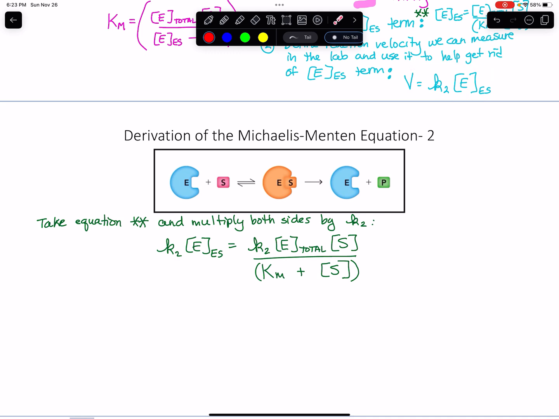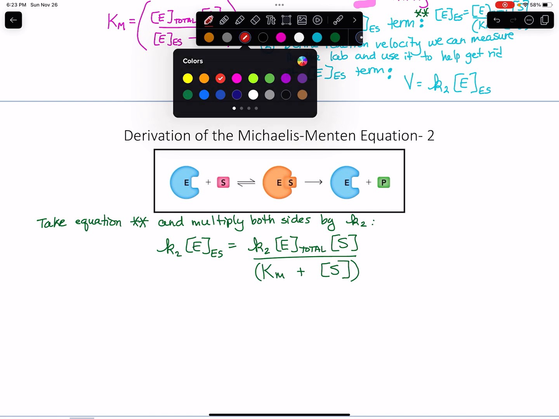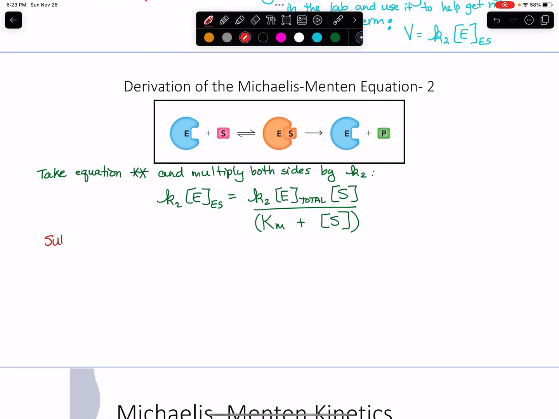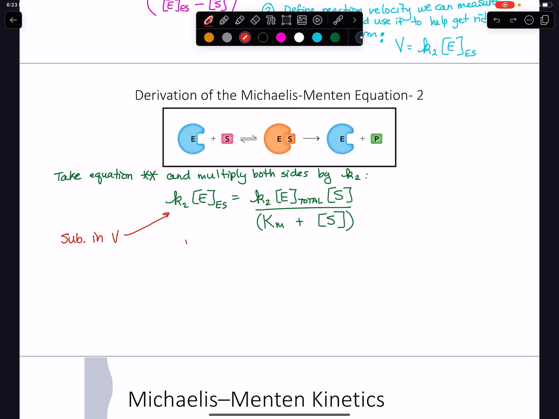So we're just going to sub in V. And we get V is equal to K2 times total enzyme times substrate concentration over Km plus substrate concentration.